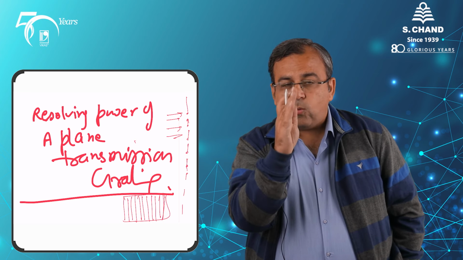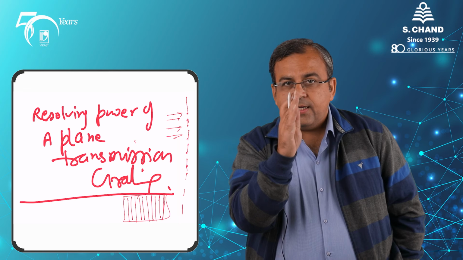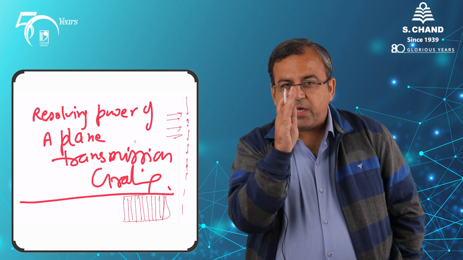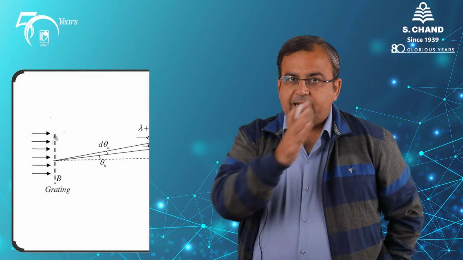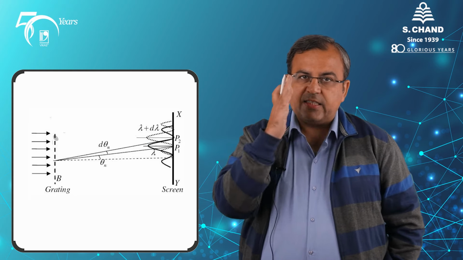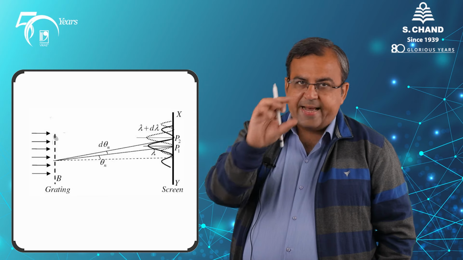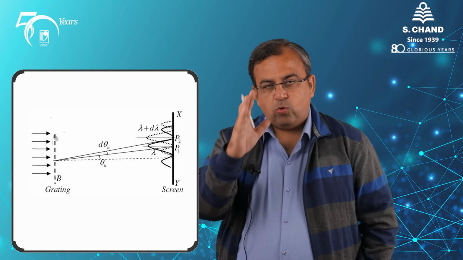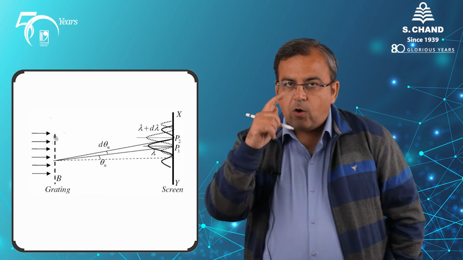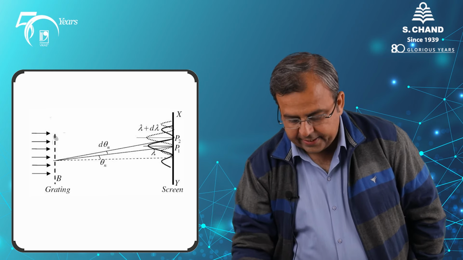The space between two lines works as a slit, and the part where the line is works as an opaque surface. So we have made an arrangement in a way that light passes through and light is also stopped. Now we can understand what exactly the grating is all about.